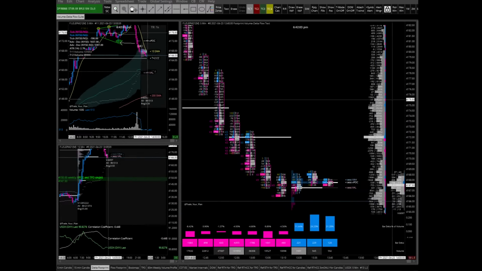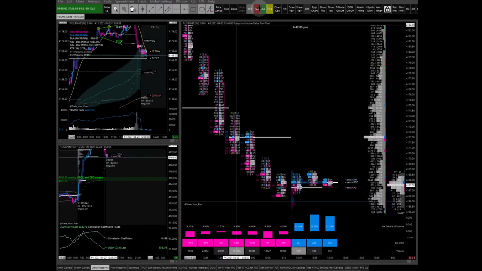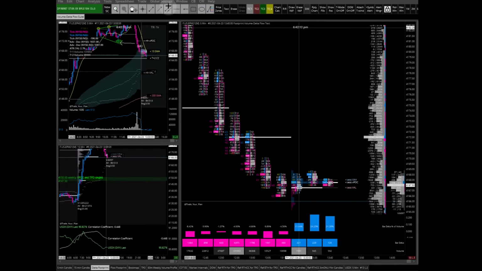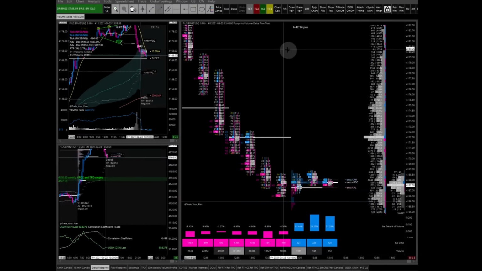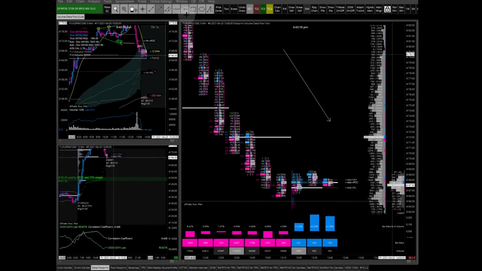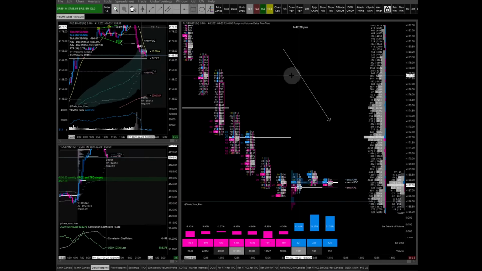Let's just do red. So this is absorption. Let's say if we're falling, like so, price is falling, you're going to want to see. I'm trying to make this as informative as possible. We go through all this stuff in real time on Discord, or I do a lot of times.